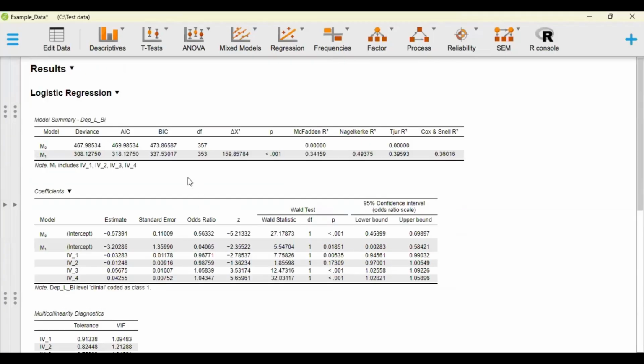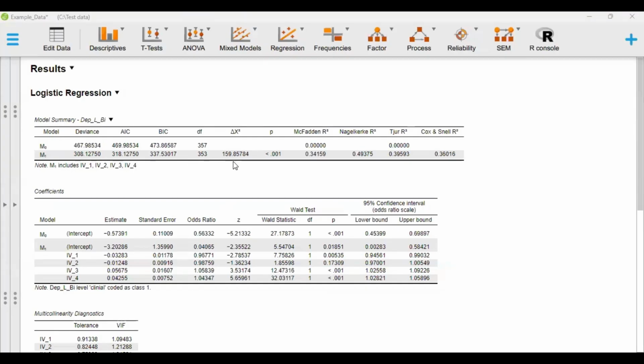So we first start with the model summary table. The omnibus test should be significant. That is like the chi-square, this value should be significant. We expect that to be significant for model 1, not model 0, model 1, that is the model that you are testing, and you can see that it is highlighted with another color.